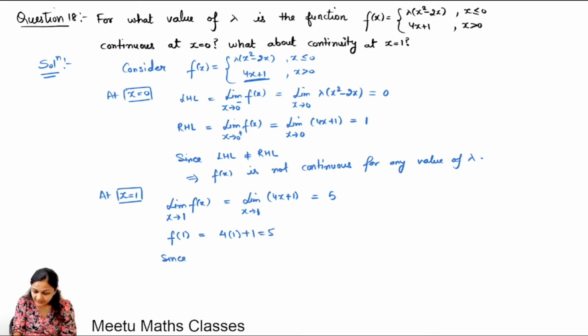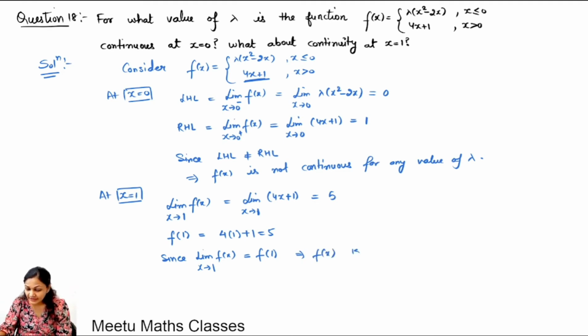Since the limiting value of your function as x tends to 1 is equal to the exact value of your function at 1, that implies your function f(x) is continuous for all values of lambda. So we can take any value of lambda and your function will become continuous at x equals 1.